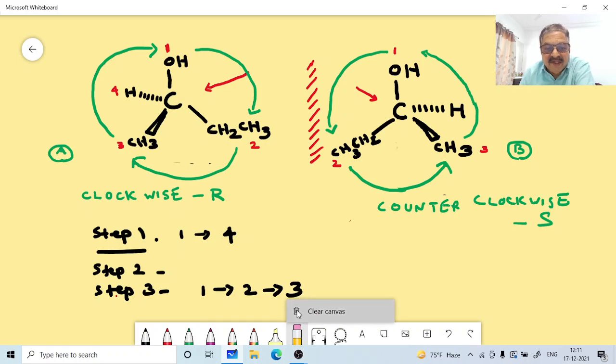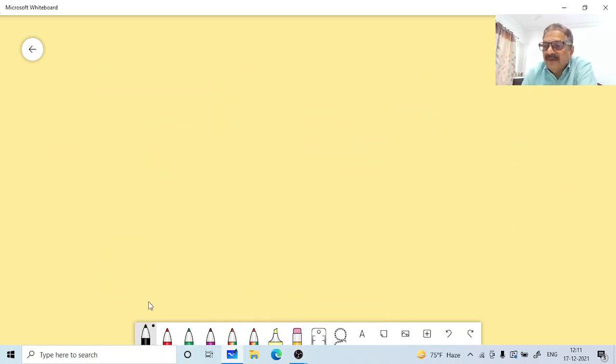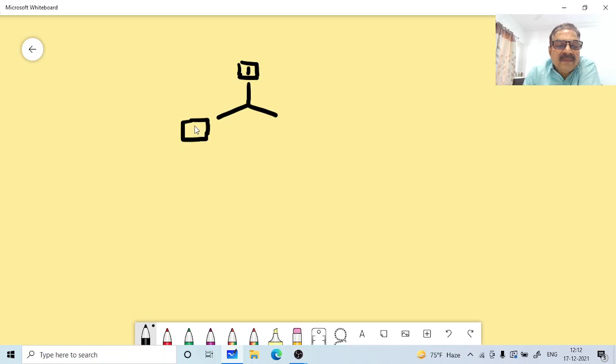Okay. Now I will just change this page. I will again explain to you how it is being done here. Now, this is the center. There is a carbon here. Okay, 3 groups. This is group 1, priority 1. Then here, priority 2, priority 3. If you are having a system like that, 1, 2, 3, how will you trace the circle? The circle is to be like this.